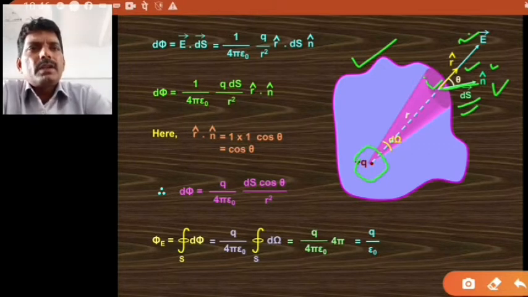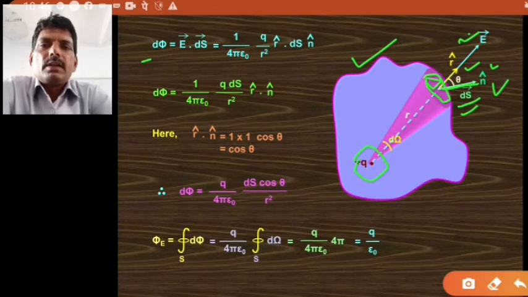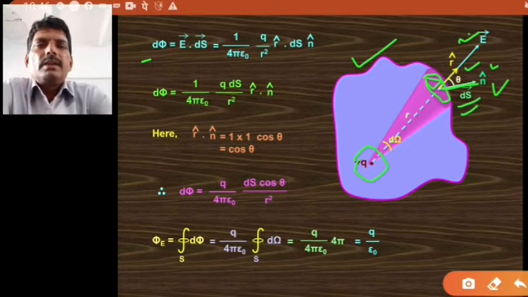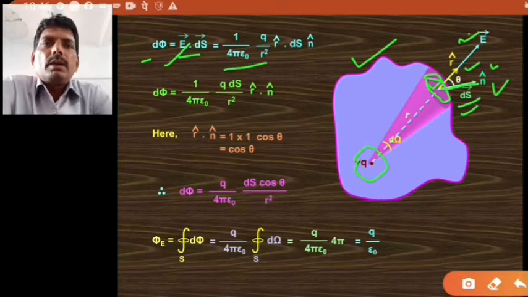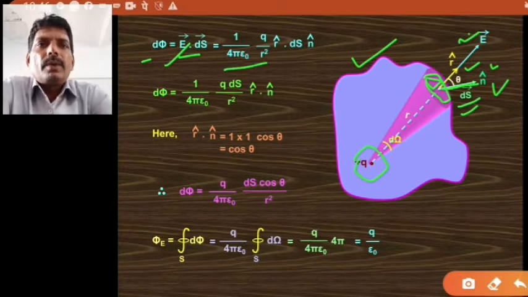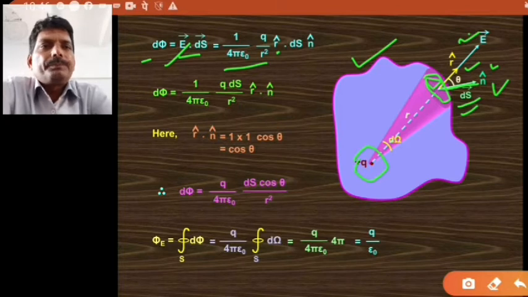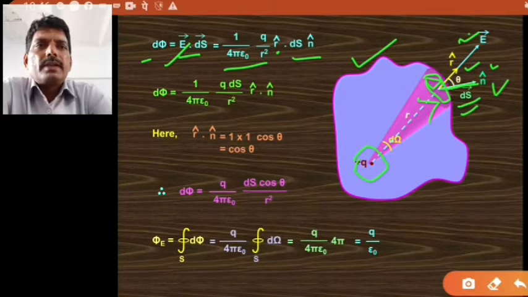So for this particular small surface, d phi, the small electric flux passing through this surface, is equal to E dot ds. So once again I am putting the value of electric field, that is 1 upon 4 pi epsilon naught q upon r square r cap, where r cap is the unit vector in this particular direction. Similarly ds dot n cap, that is the area vector ds.